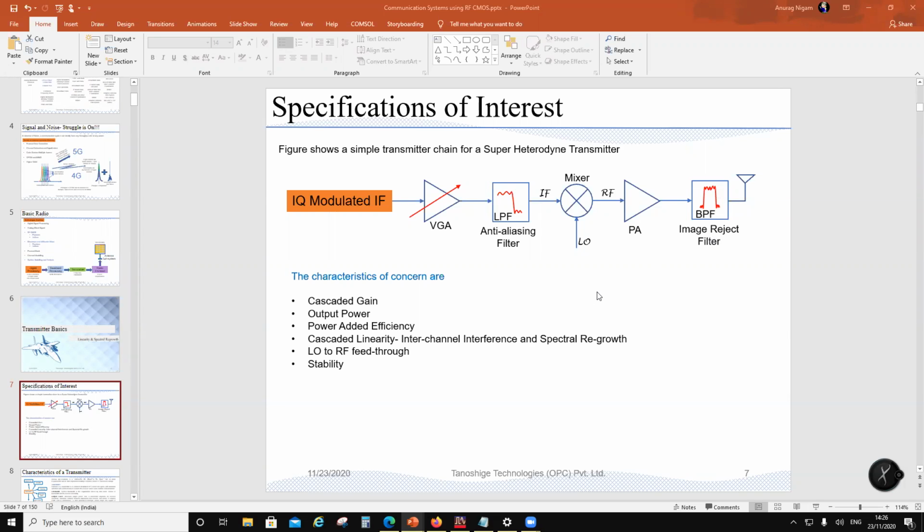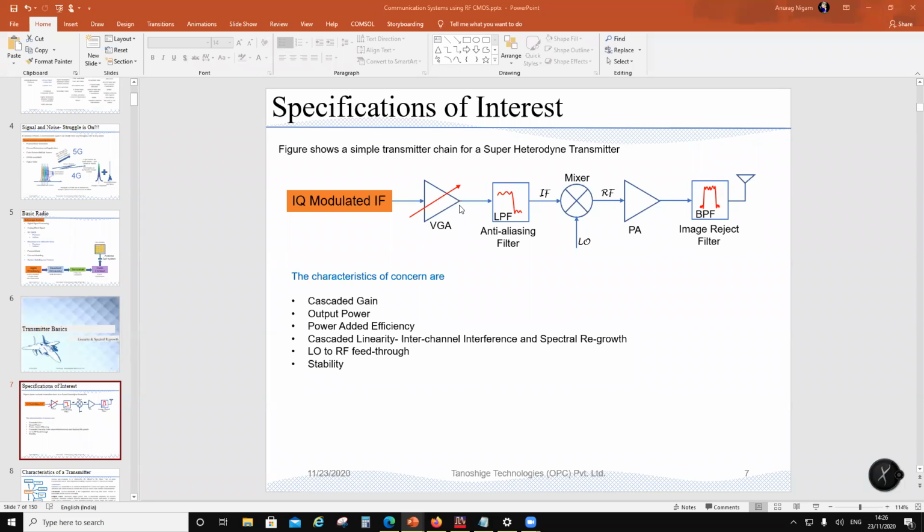For example, if I am going near the base station, then I need not transmit so much power. If I go away to the cell edge, I need a power control loop there. So I need some form of gain control here to implement that. That's why I have a VGA here.